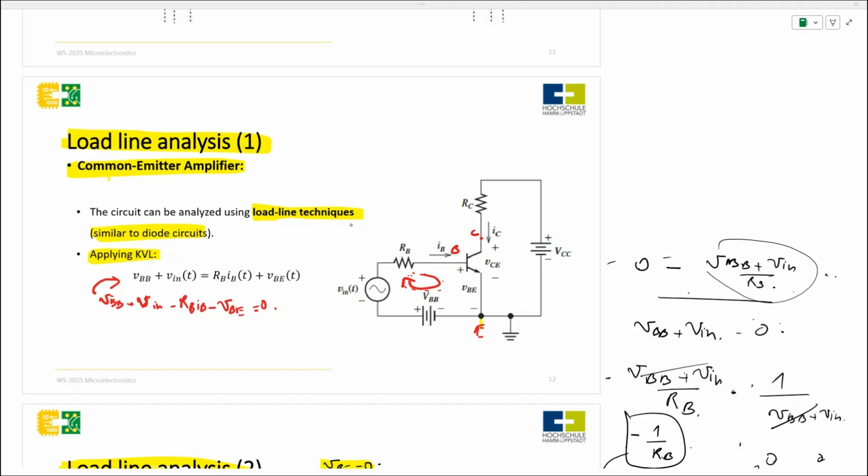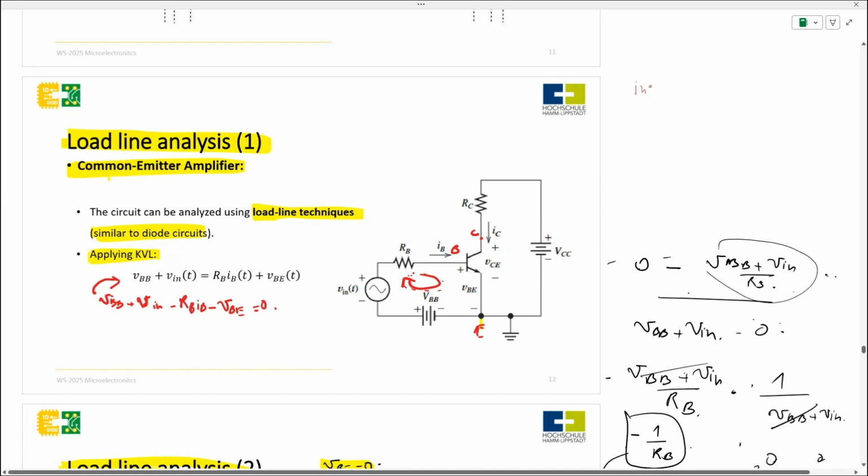But when the input voltage decreases a little, the transistor will conduct less, so our collector current will decrease, and the voltage across the resistor will eventually increase. So let's put it this way.